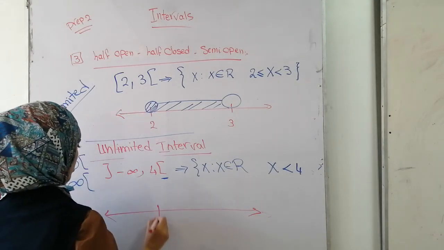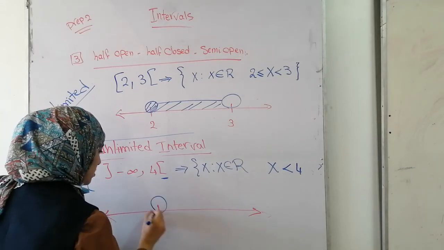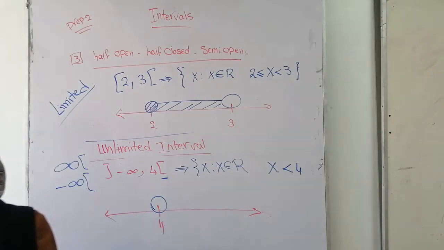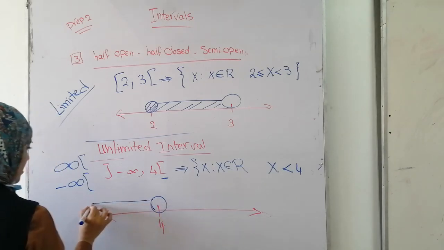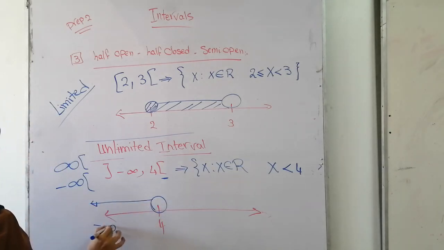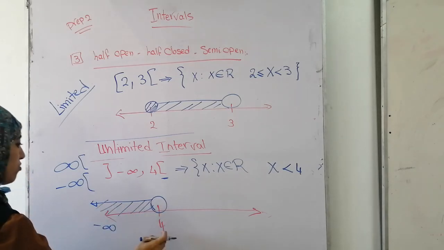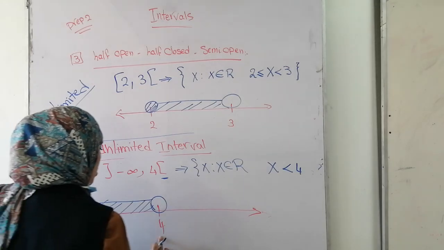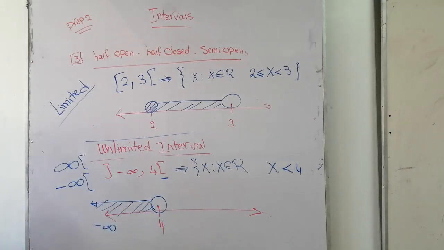We can put 4, and 4 is open. What direction shall I go, to the right or to the left? We go in this side because it's negative infinity and shade this part from negative infinity until it reaches 4, but 4 here is open.